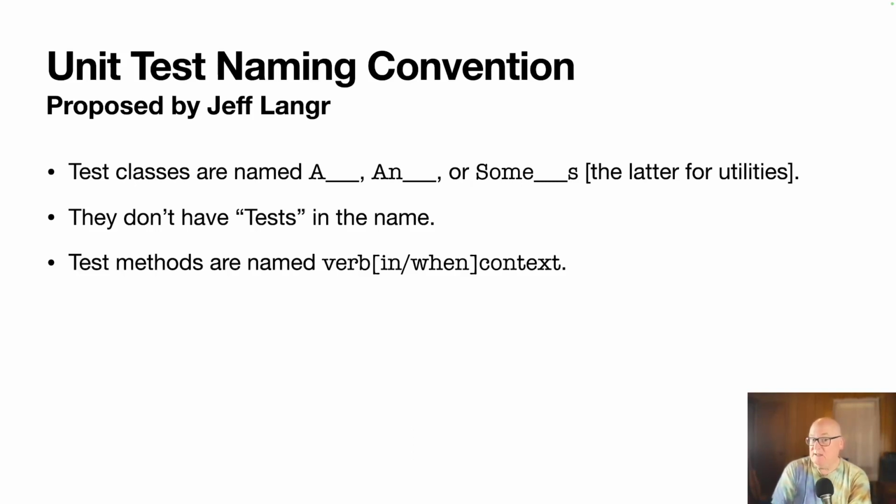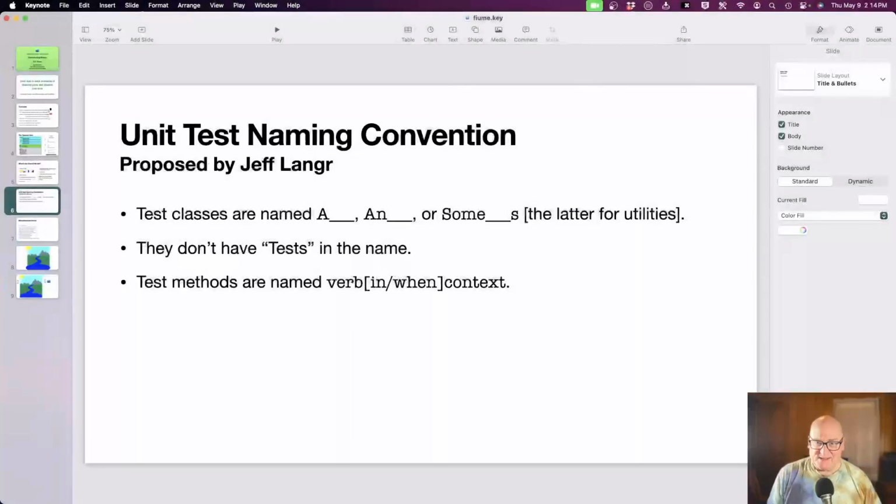And then the test methods are going to be more like verb, in, or when, or whatever, a context. So hopefully if you read the title of the class and then read the title of the tests, they sound like they add up to a real thing. Okay, so I don't know if this is all too vague and fuzzy.